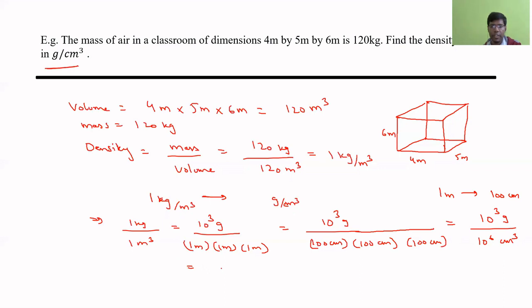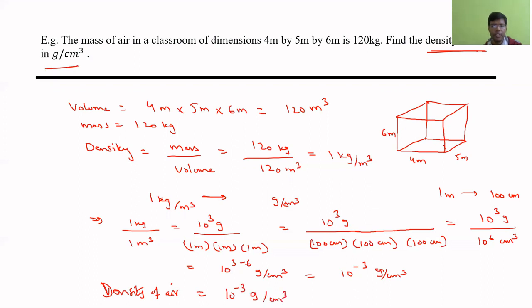So basically what I have got is 10 power 3 minus 6 gram per centimeter cube, which is 10 power minus 3 gram per centimeter cube. So the density of air in the classroom is equal to 10 power minus 3 gram per centimeter cube.